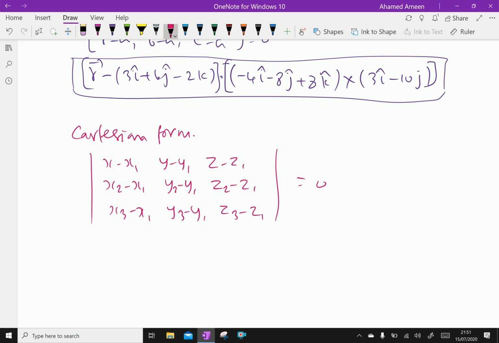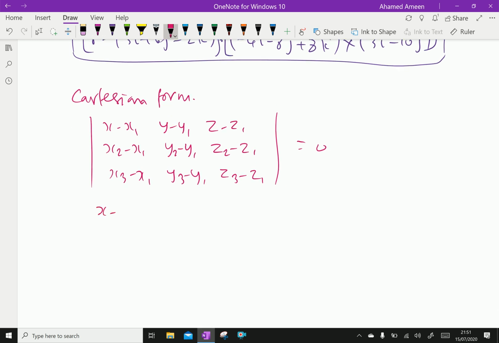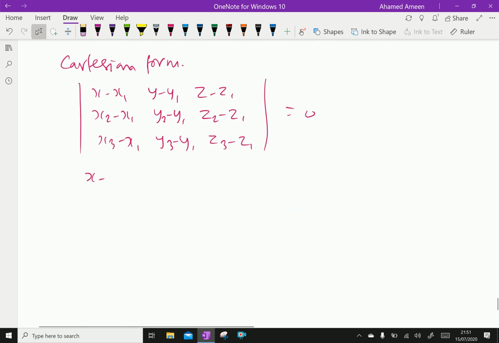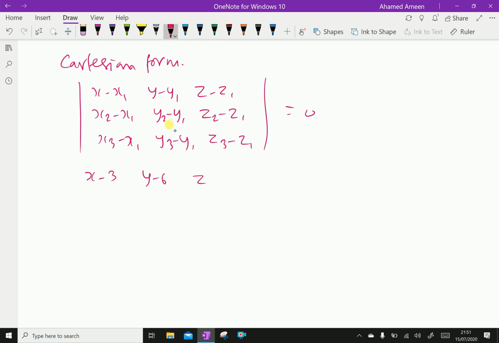Here the first point is x1 is 3, y1 is 6, z1 is minus 2, that becomes plus 2.